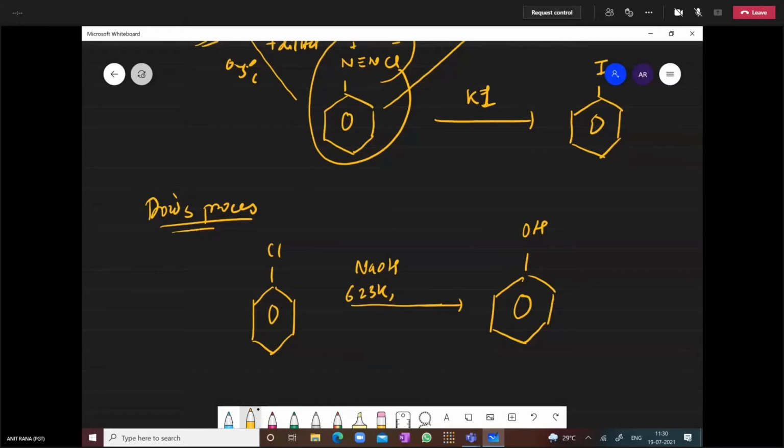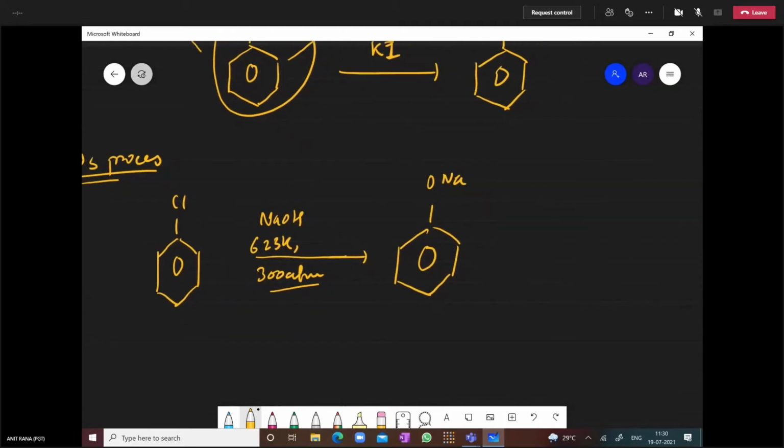If you give a 200 to 300 range, it is accepted. But at least temperature 623 Kelvin, 300 atmosphere, sodium hydroxide. That will give you phenoxide. Then I need to convert this phenoxide to something. That is phenol.